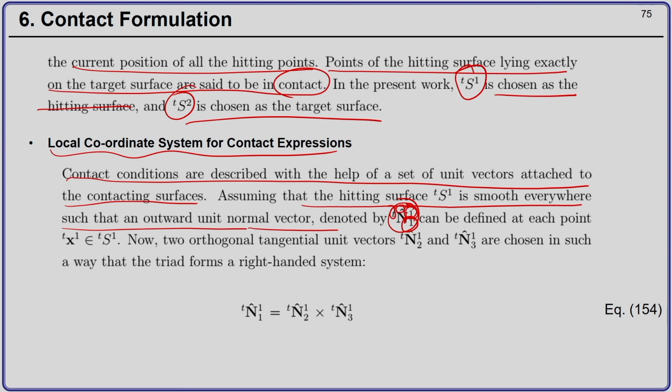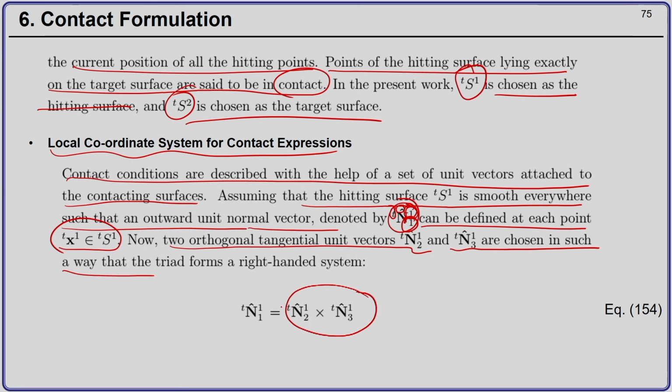It is calculated based on the configuration of the body S1 at time t. And this is defined at each point x1 which belongs to the surface of body 1. Now, two orthogonal tangential vectors n2 and n3 are chosen such that the cross product of n2 and n3 gives you the normal.